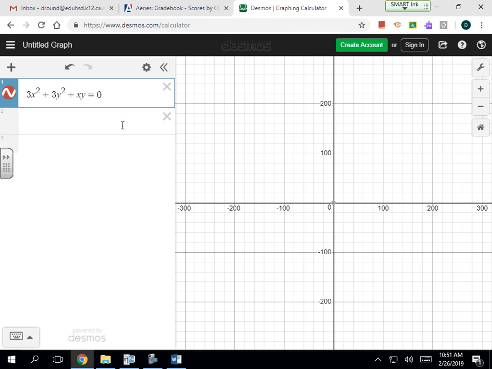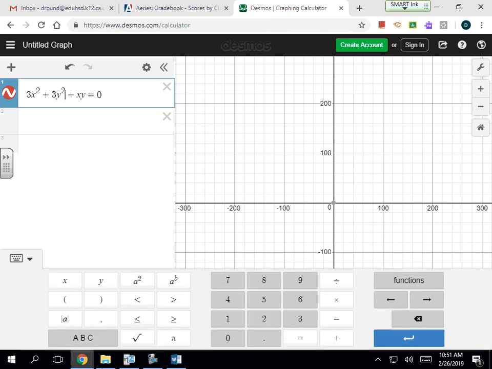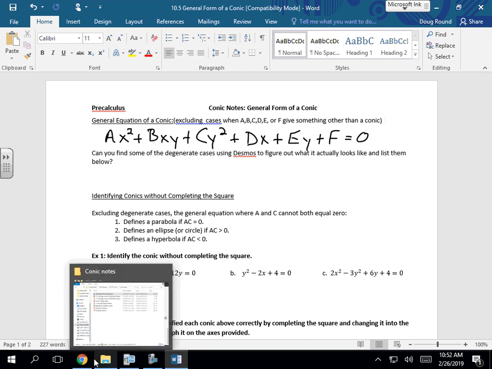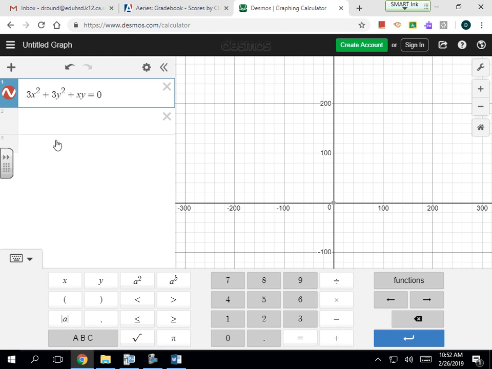Real values. I don't know if you can get any other shapes. But can you find some of the degenerate cases using Desmos to figure out what it actually looks like and list them below? So could you list at least one degenerate case? Here's one. Could you list that as a degenerate case?